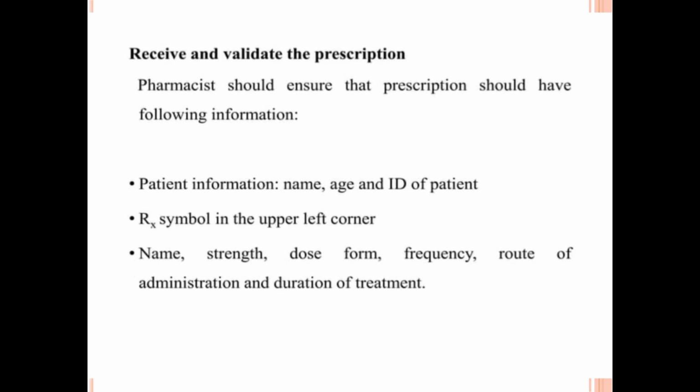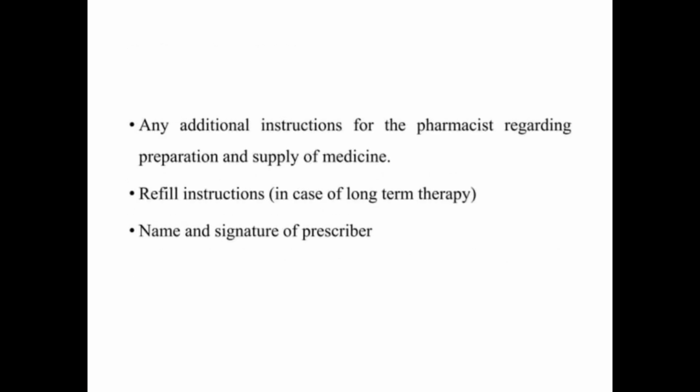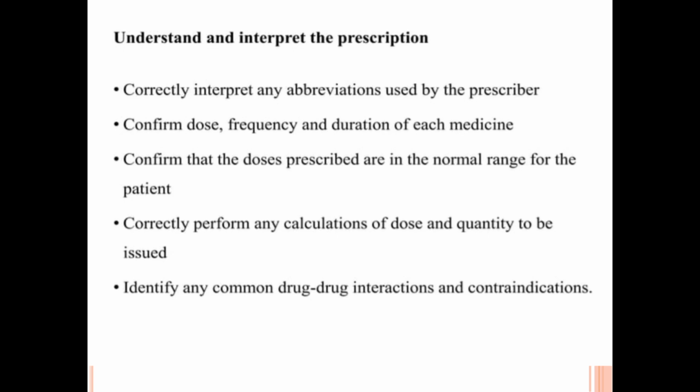RX symbol in the upper left corner. Name, strength, dose, form, frequency, route of administration and duration of treatment. Any additional instructions for the pharmacist regarding preparation and supply of medicine. Refill instructions in case of long-term therapy, and name and signature of the prescriber.